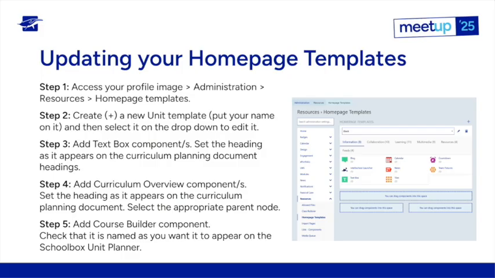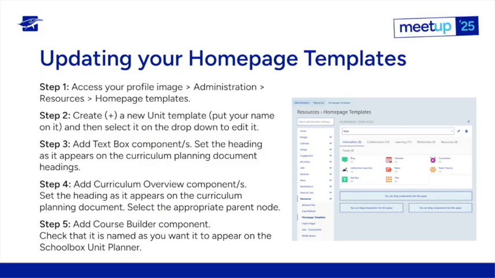The second component that I want you to put on there, I would like you to have at least one text box. The reason I want you to put a text box on that is it forms a column on the unit planner. Importantly, that text box must have a title, and it would want to have the title of what you have to do for your local requirements.